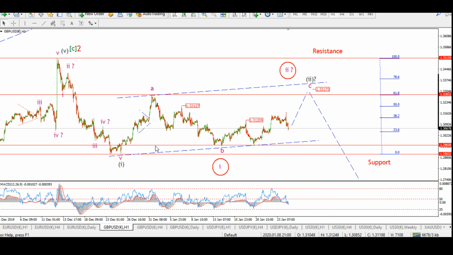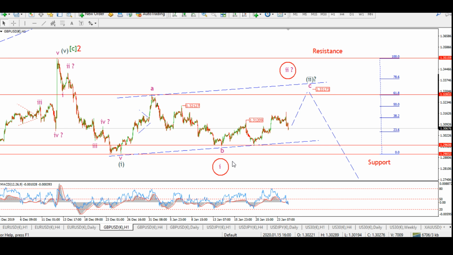So far, we have either 3 or 5 up in wave A, depends on how you want to count that. A very good clear 3-wave pattern down in a B wave, and now wave C underway.